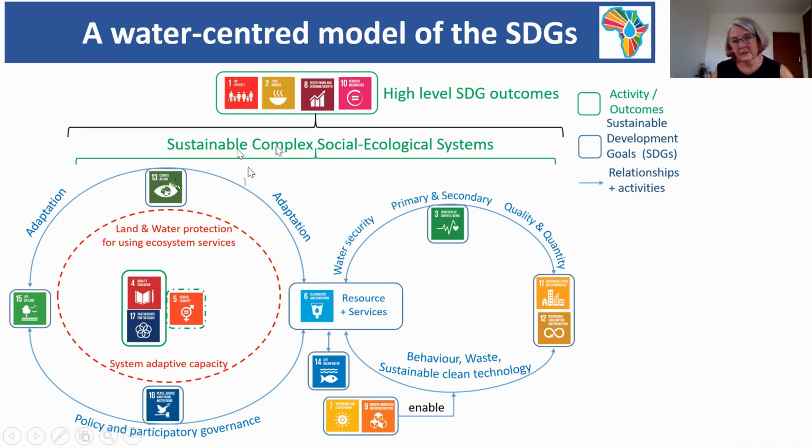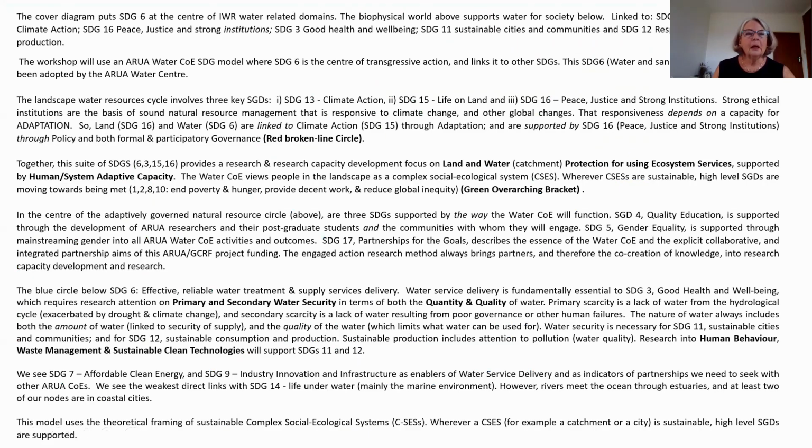Well, we call them sustainable if they are, many of them aren't, but we talk about people living on this planet as a complex social, ecological system. And if we move towards them being sustainable, then we move towards the high level SDGs of poverty and hunger.